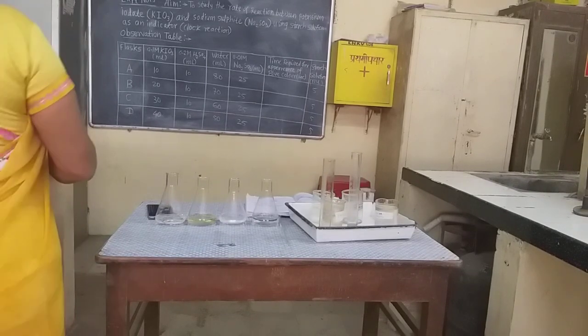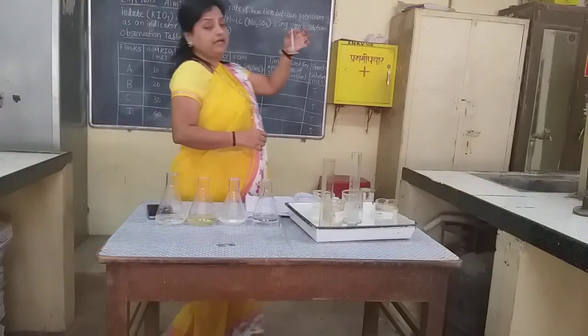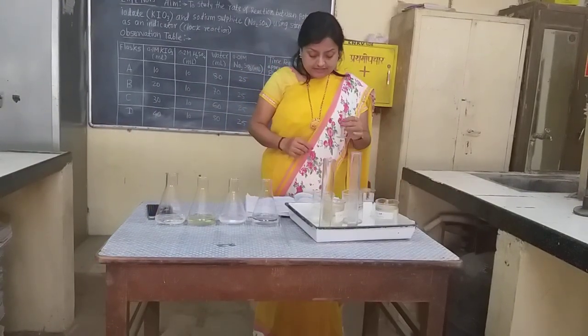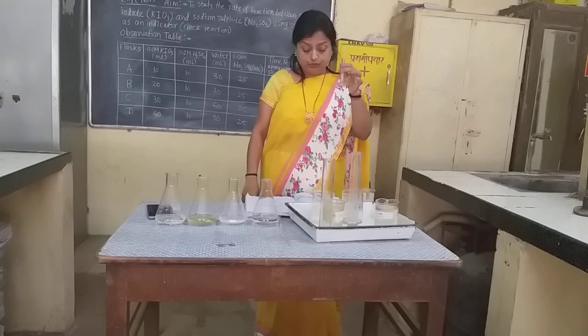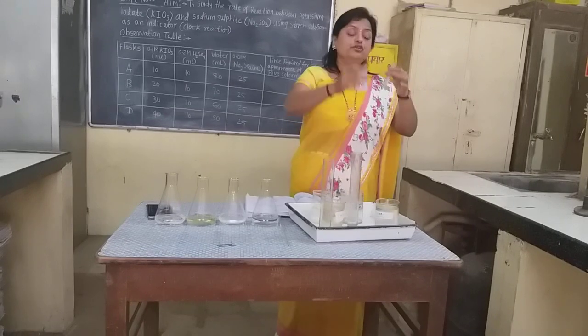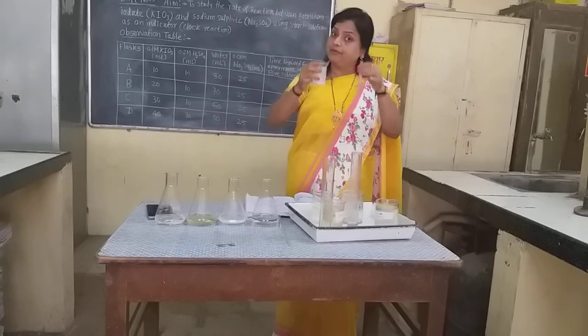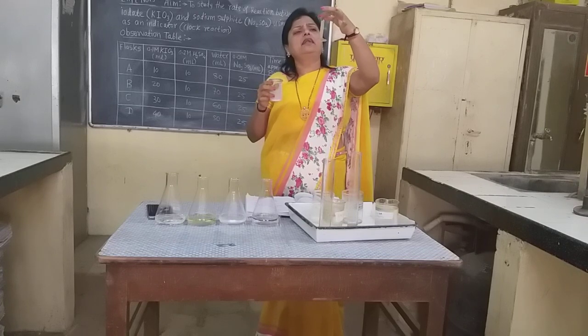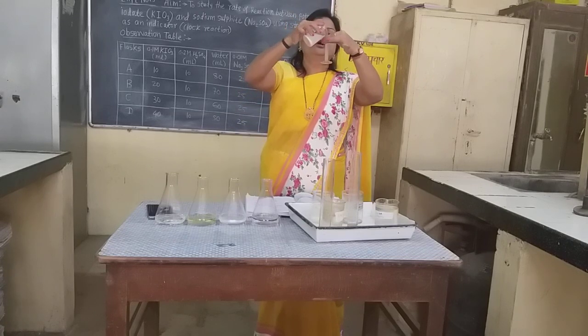Now let us measure 5 ml of freshly prepared starch solution. This is freshly prepared for prevention of oxidation, so you should always take freshly prepared starch solution. This is the small measuring cylinder of 5 ml.